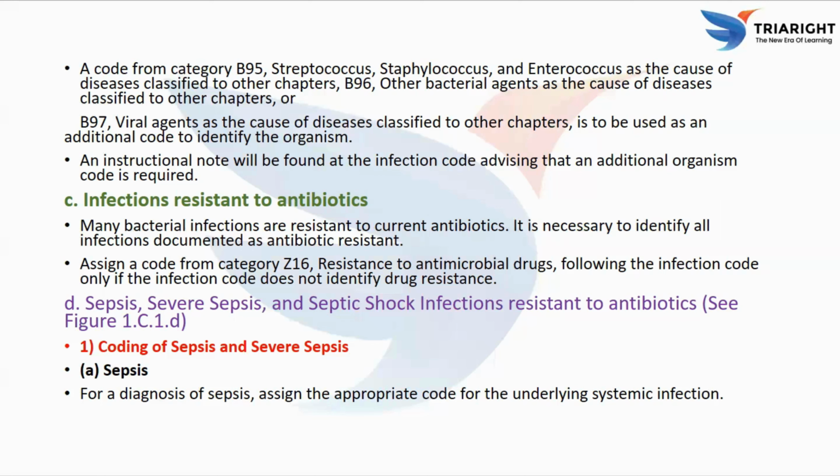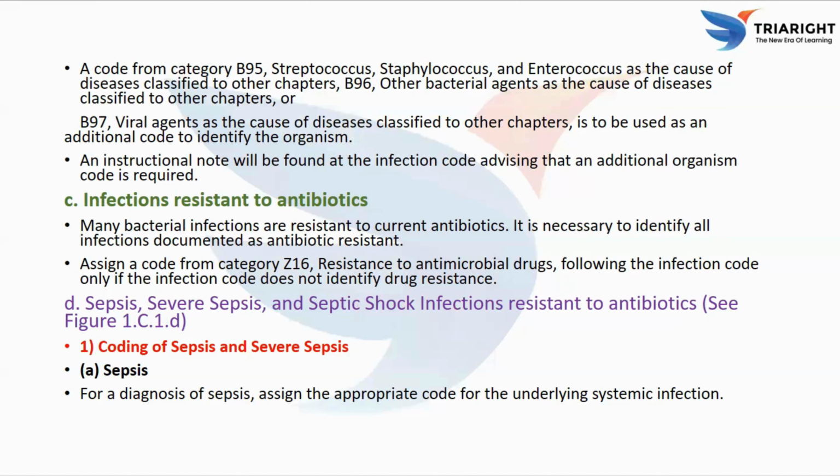So how do I know when to add B95 to B97? This is a major doubt that people generally have. If the infection code does not include the organism, you have to add a code from B95 to B97. If the infection code already specifies the organism, then you should not add the B95 to B97 code categories.